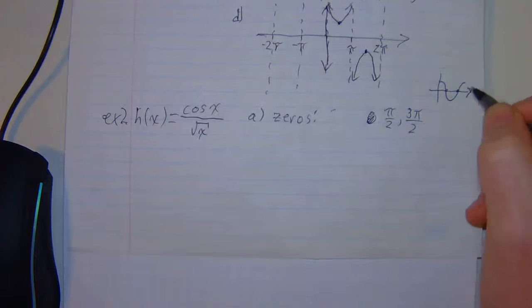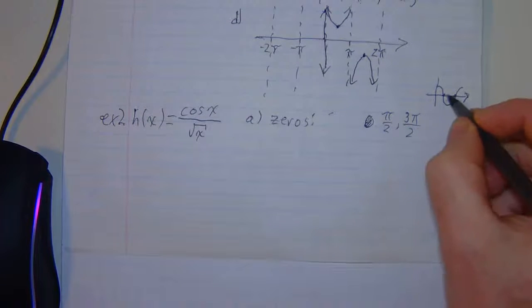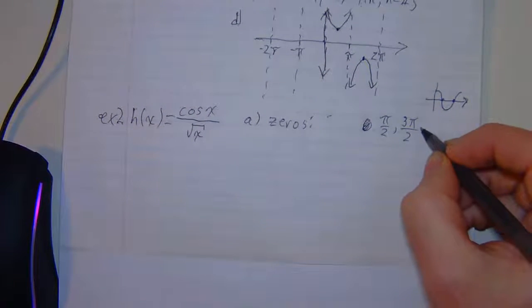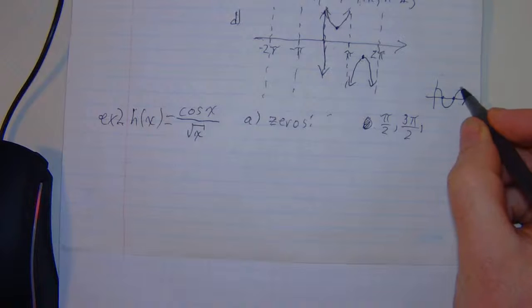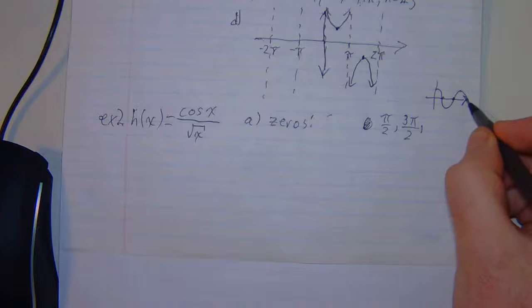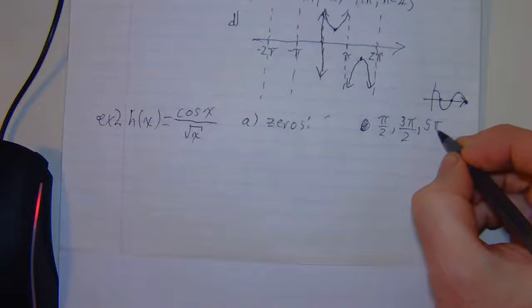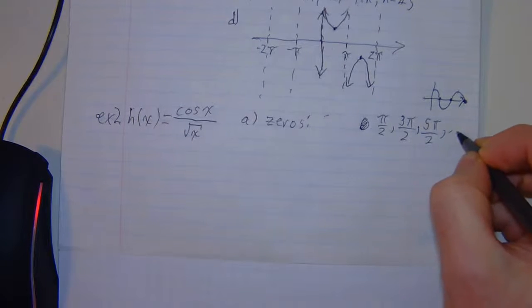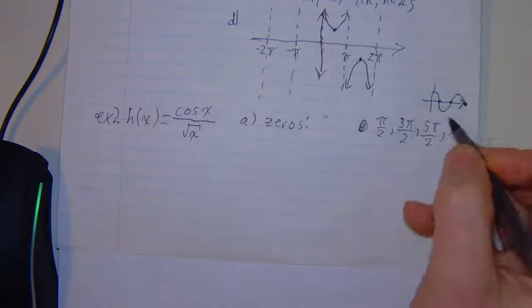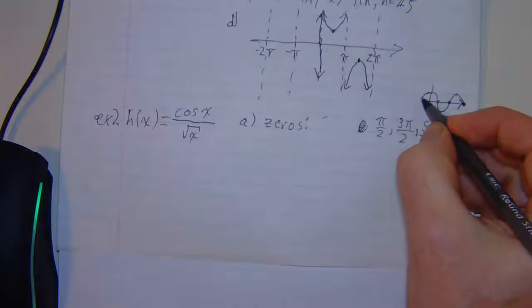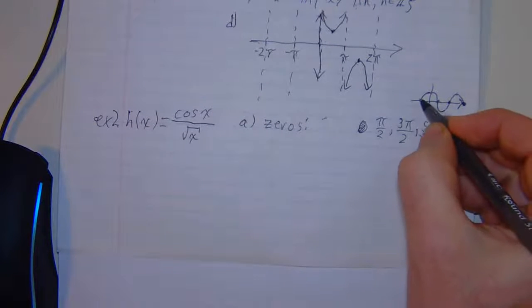So pi by 2, 3 pi by 2, if we cycle it through once more and we end up here, that's going to be at 5 pi by 2, and then it's going to be 7 pi by 2, all the way through. And if we're going in the negative direction, we're going to get a mirror image.